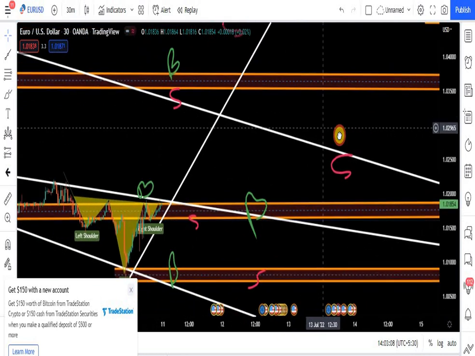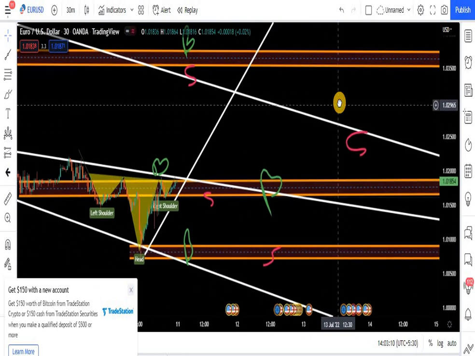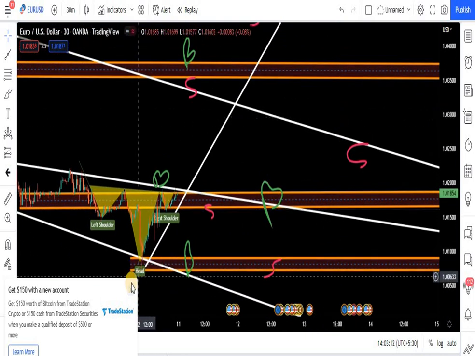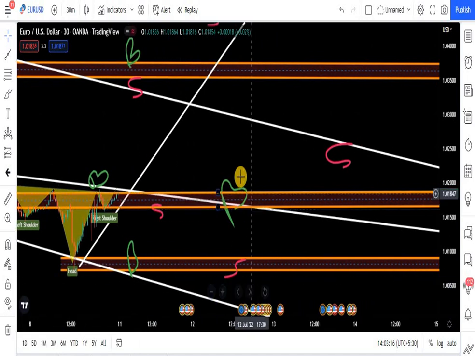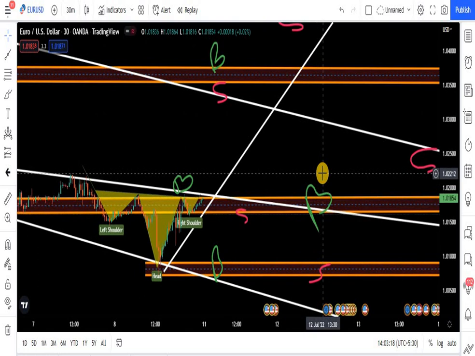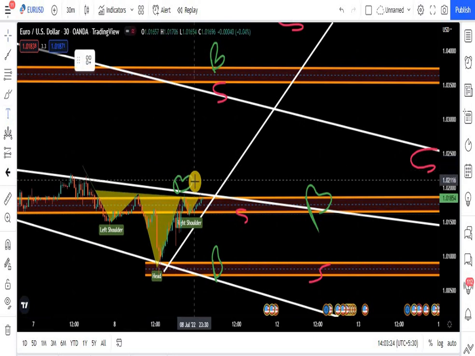Likely in the next week, the possibility is very good that it will go upside. Just mark those levels. First we go for buy.